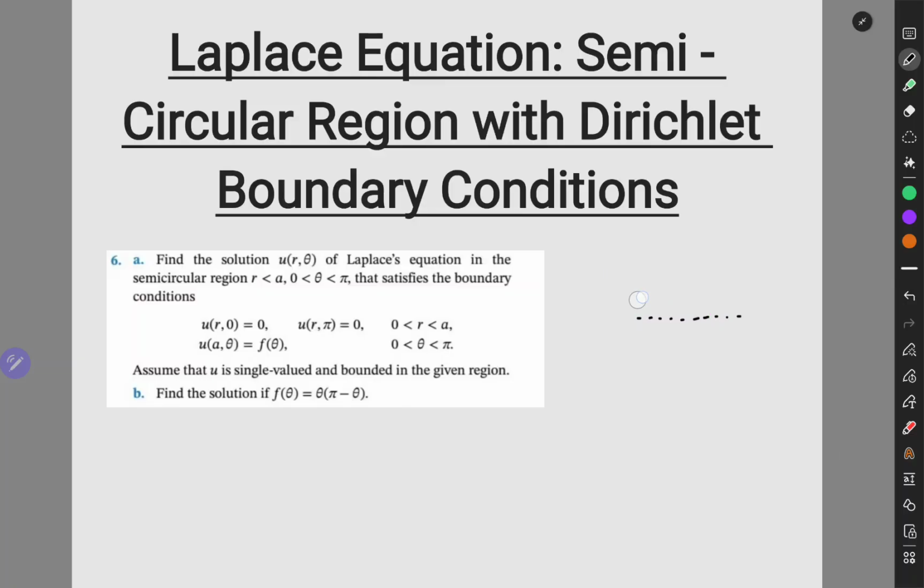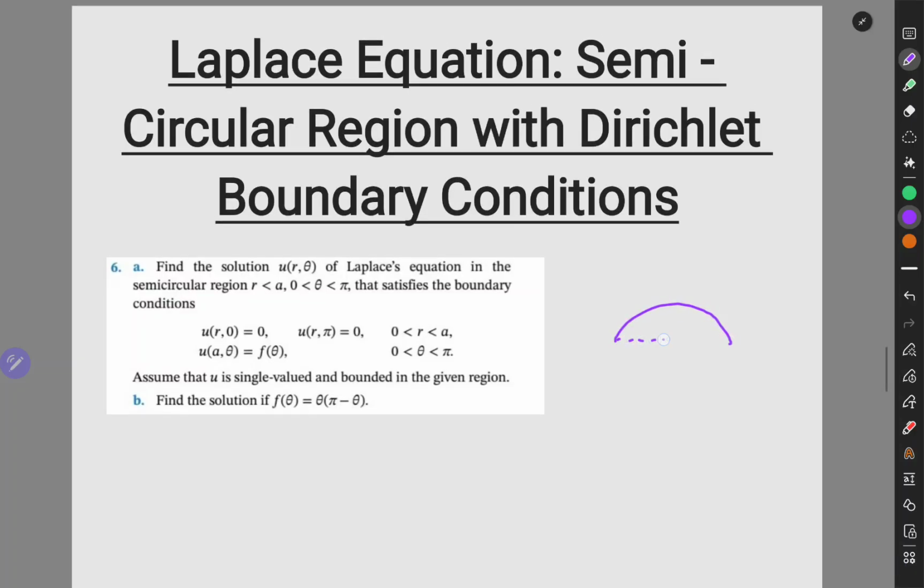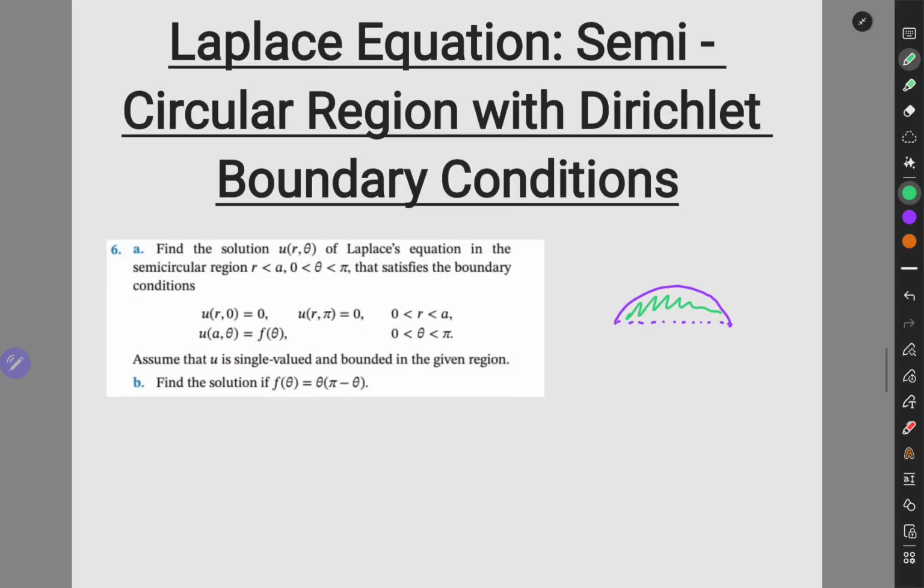Let me do it this way. It's asking us for this point here, so this radius throughout is what it wants. A solution for everywhere inside here is what it wants, so I'm just going to draw it like this. It's saying r is less than a, where a is the radius of the circle.